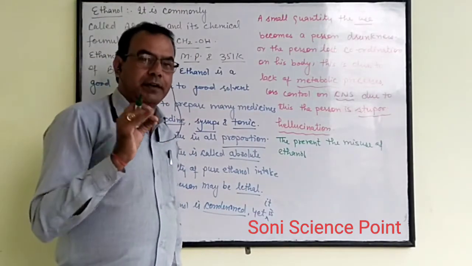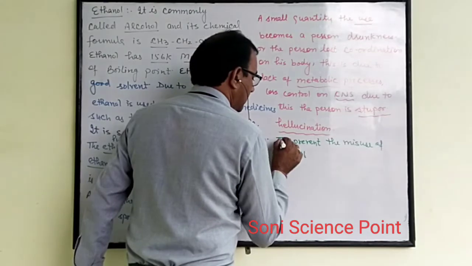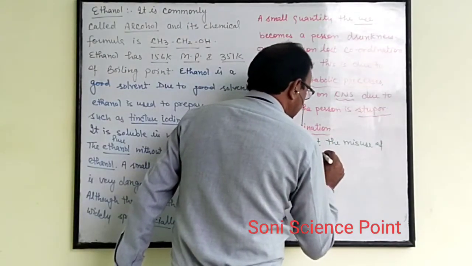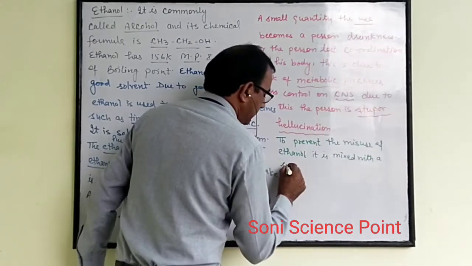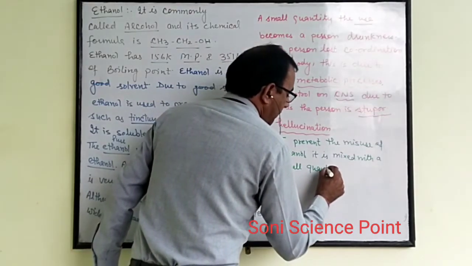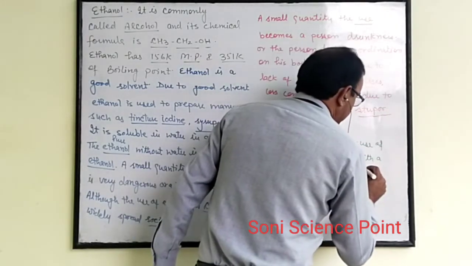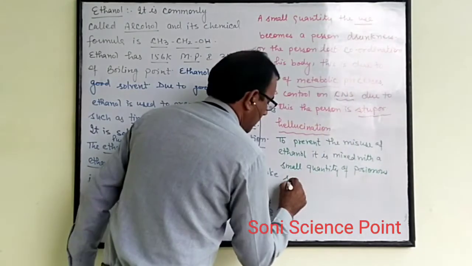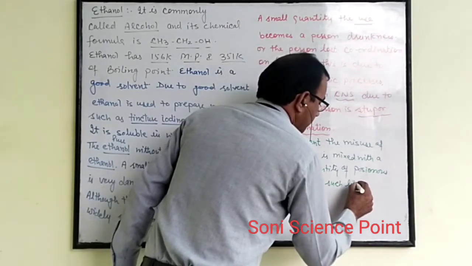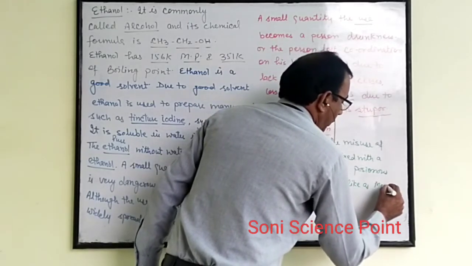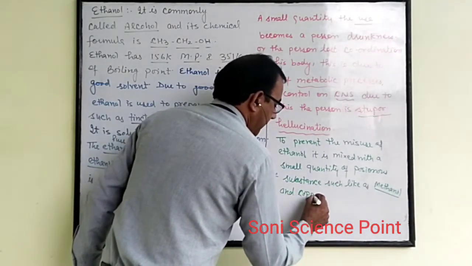While it is prepared in industry at a large scale, to prevent the misuse of ethanol, it is mixed with a small quantity of poisonous substances such as methanol and copper sulfate.